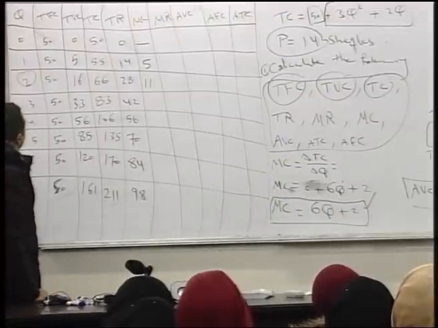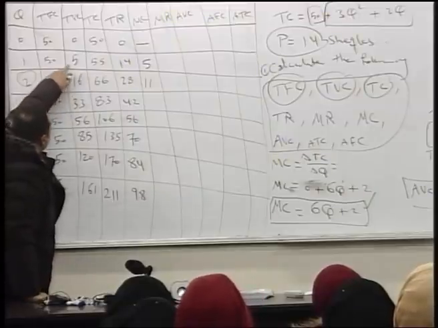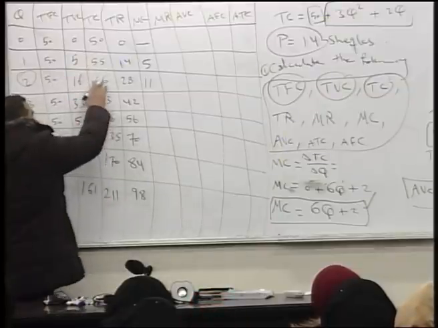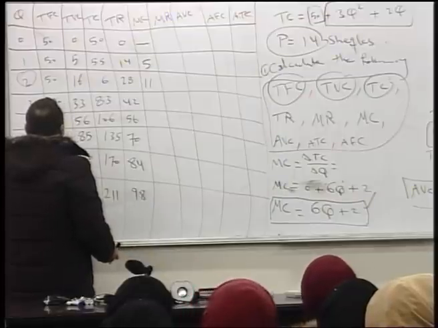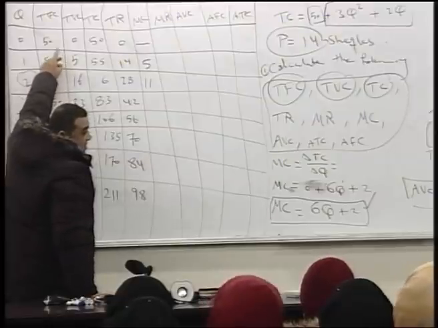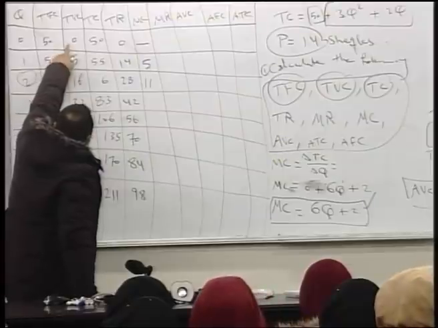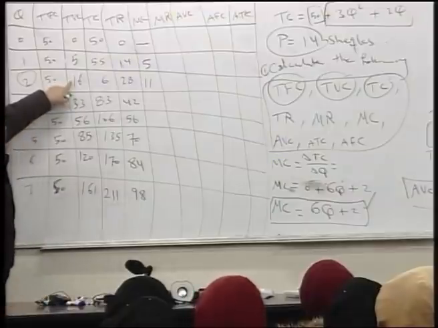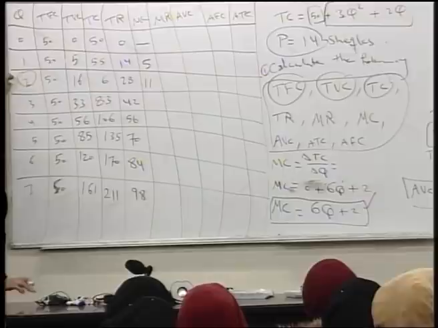So there is a problem here. Change in TVC, how much is this? Let me go back a moment. TC is 16. Change in TVC, 5 minus 0 over 1 minus 0 is 5. This is correct. The next one, 16 minus 5 is 11.